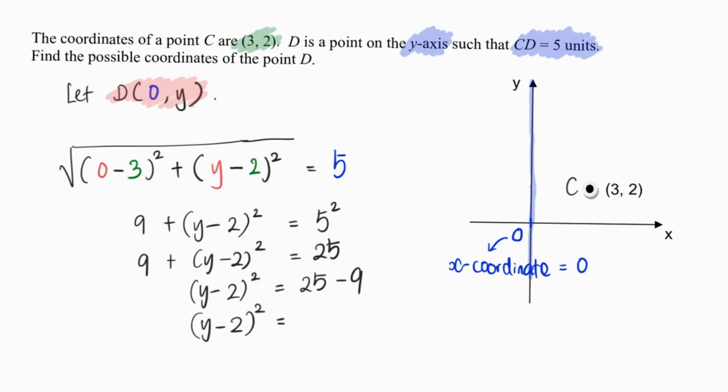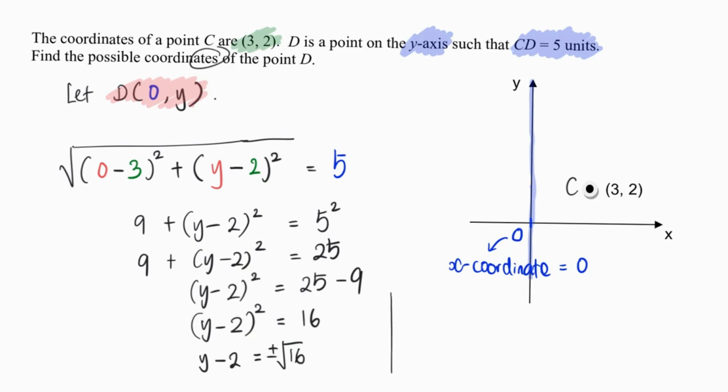And that will give me 16. And do take note, why are there two possible coordinates? It's actually because every time we square root something, there are two possible answers. So y minus 2 is equals to the square root of positive or negative 16.